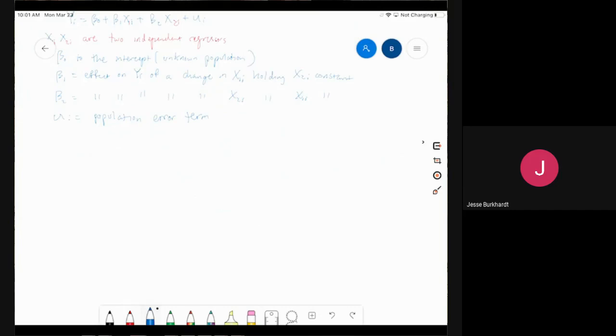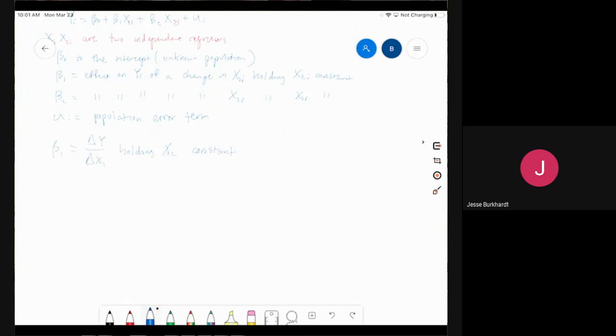So beta 1 equals, we can also write this as the change in y over the change in x1 holding x2 constant.